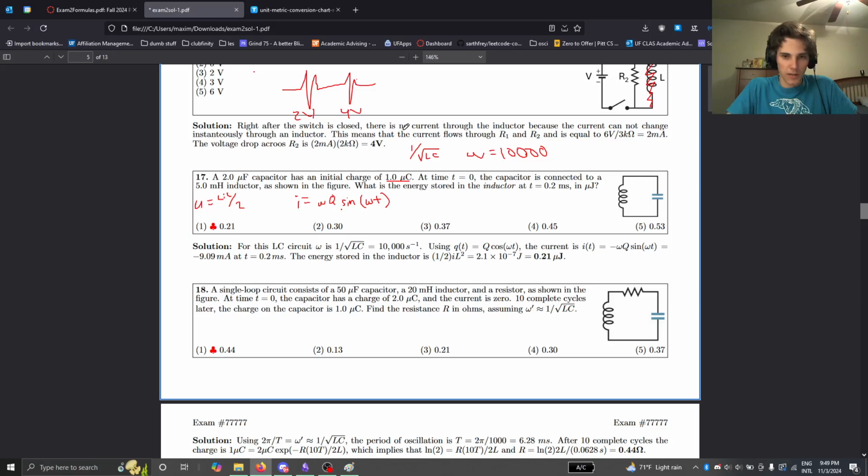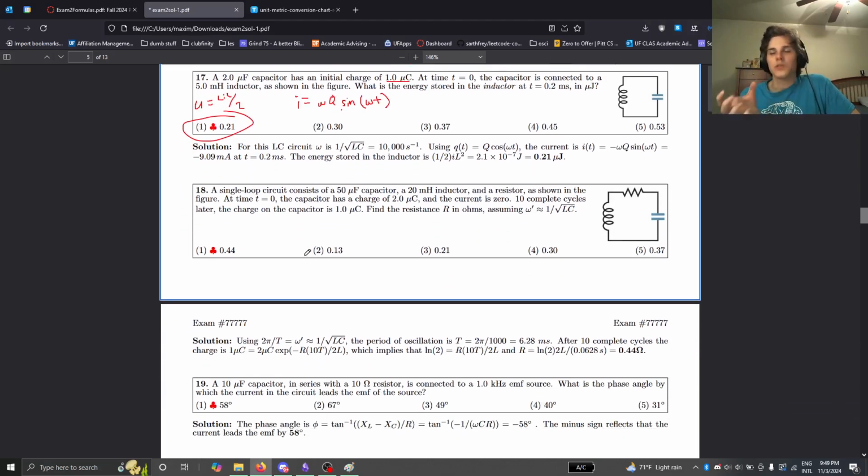So sine of 10,000 times 0.23, times that 0.1 initial, times that 10,000 again. We can square that value, multiply it by that 5. I got like 206, so 2.1. Correct.